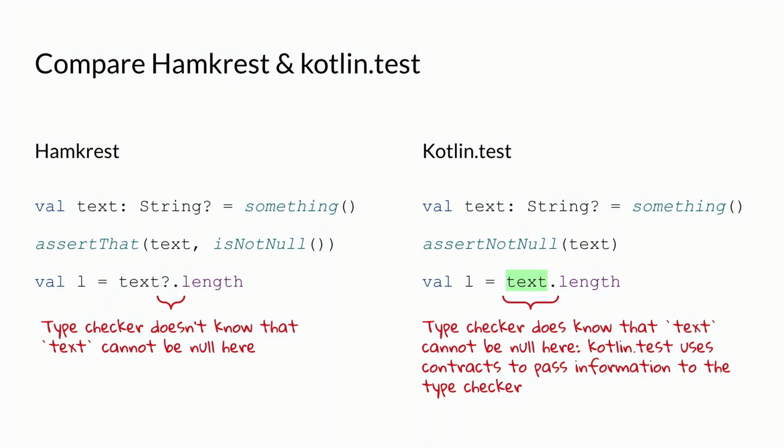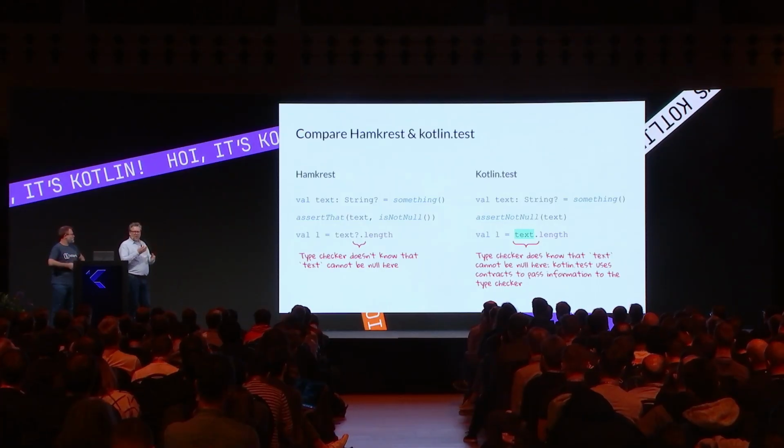So here's a Hamcrest test that is checking that a value is null or not null. If it's not, it's asserting that it's not null. After that assertion, if the assertion passes, we're guaranteed that the text variable is not null. So I shouldn't need to use the null safety reference operator to use it. However, the type checker doesn't know that.